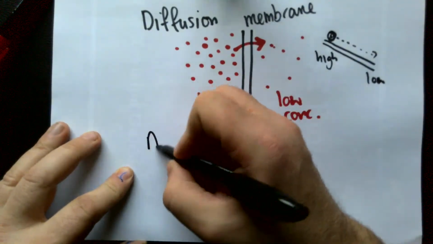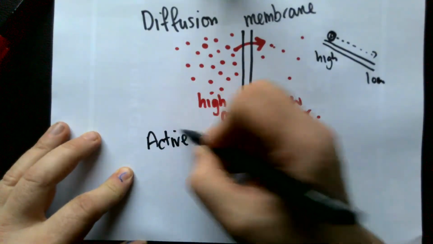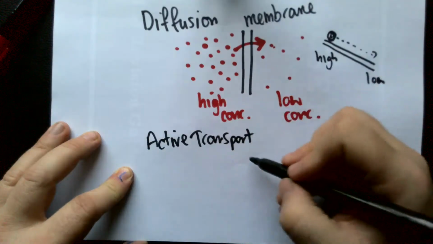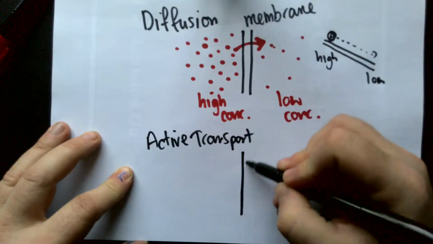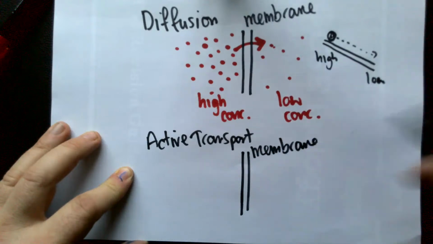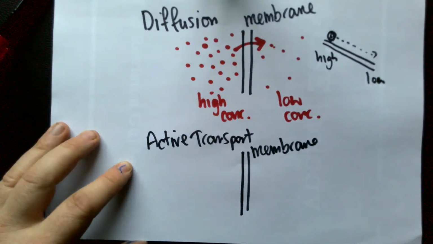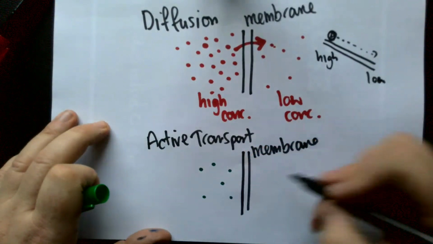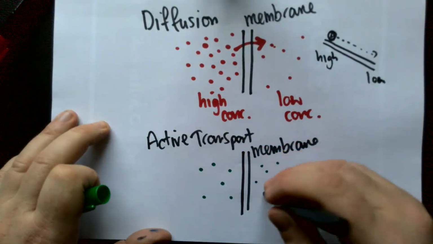Let's do another one. This one's called active transport. Again, we have a membrane. And let's choose green for this one. Let's have a few over here. Let's have many more over here.